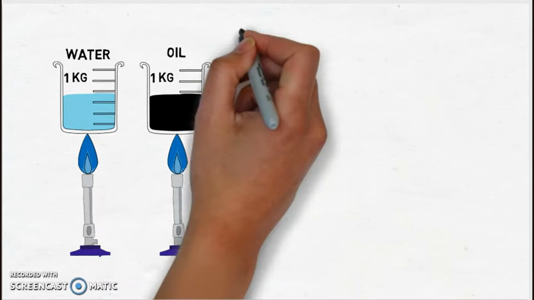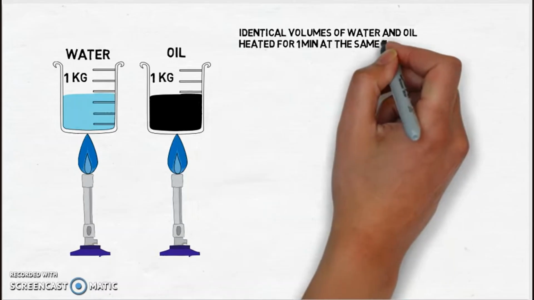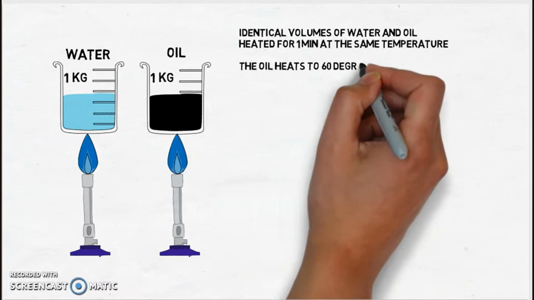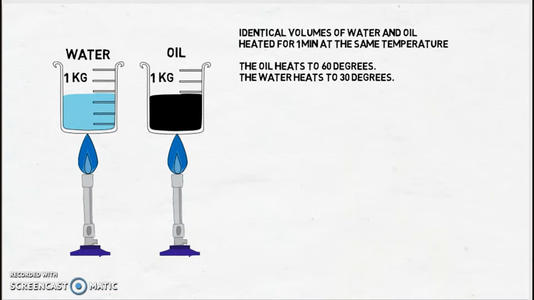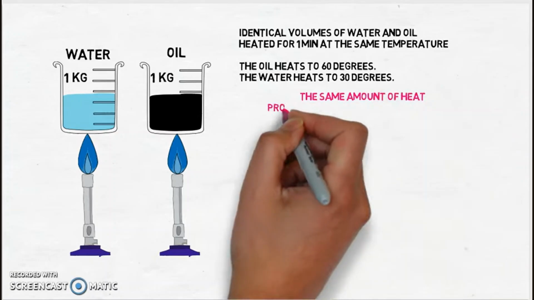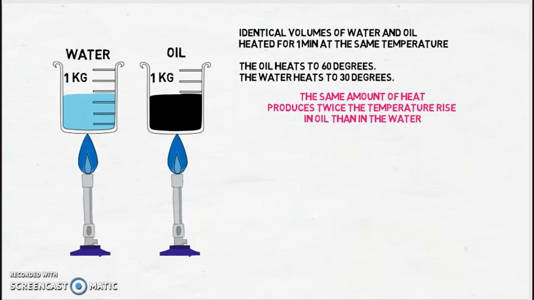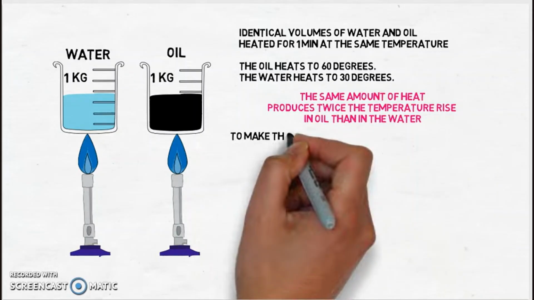what we would actually find in this experiment is that even though we've got identical volumes of water and oil, and they're both heated for the same amount of time, so for 1 minute, the oil will actually heat up to 60 degrees while the water will only heat to 30. So the same amount of heat produces twice the temperature rise in oil than it does in the water.